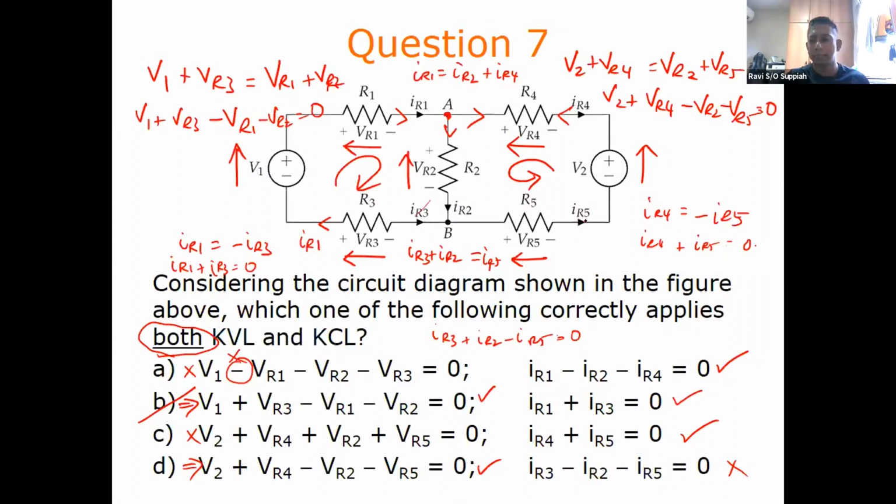That is basically the last question for our tutorial. What we want to do is make sure that you understand these basic concepts in terms of KVL, KCL, and drawing these loops in the analysis of circuits. Like I said before, the studios are going to get more intense and the circuits are going to get more complicated, so it becomes even more important that you do the preparation.